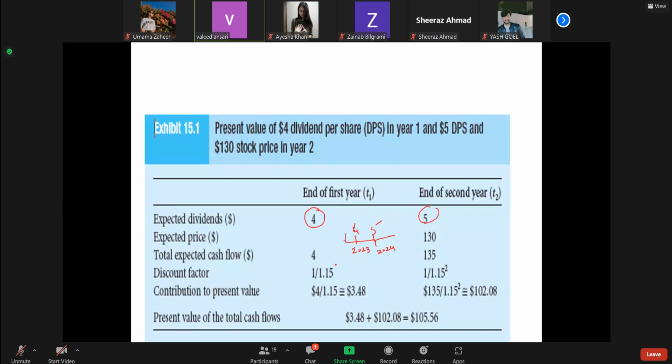So if you discount this, let us say the discounting rate is 15%, based on the risk of the stock. Let us say we have used CAPM and found out that this is the rate. So naturally we have to divide 4 by 1 plus 0.15 in the first year.